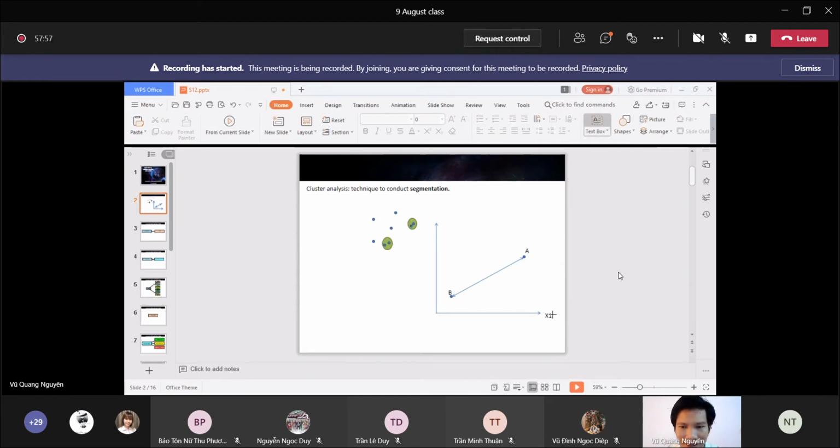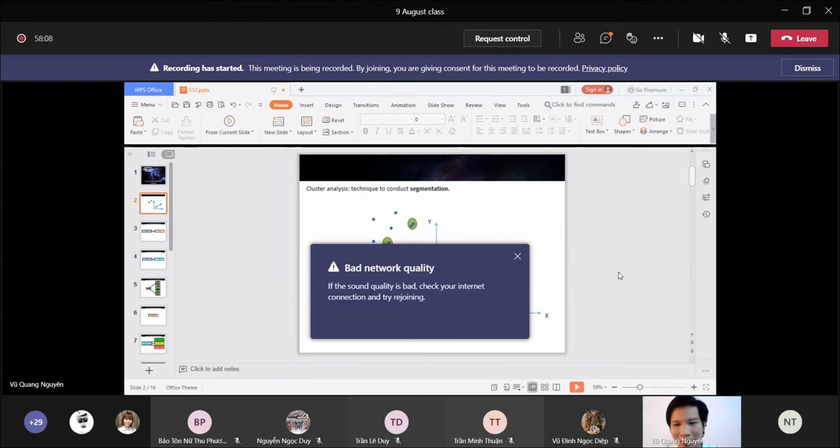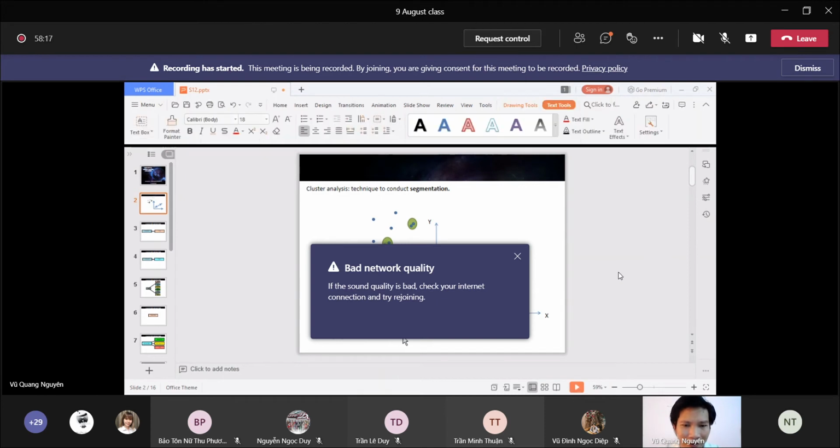Let's call this x. To calculate the distance between Mr. A and Mr. B in this x and y coordinate system, you know that already, right?